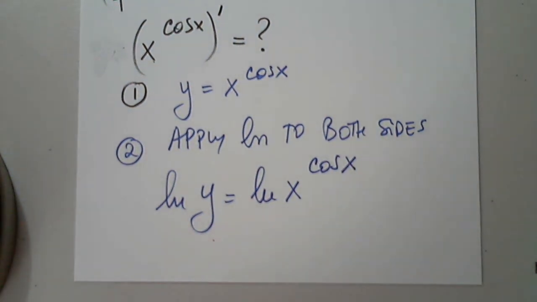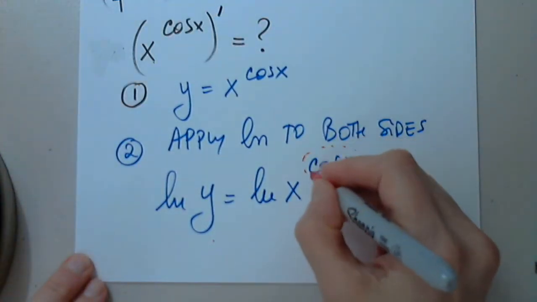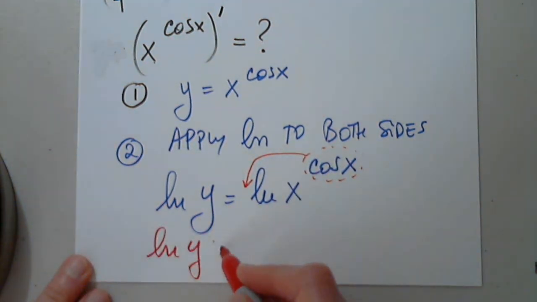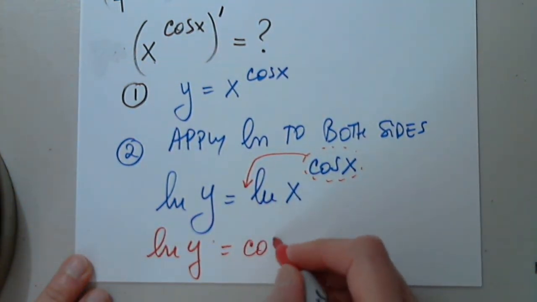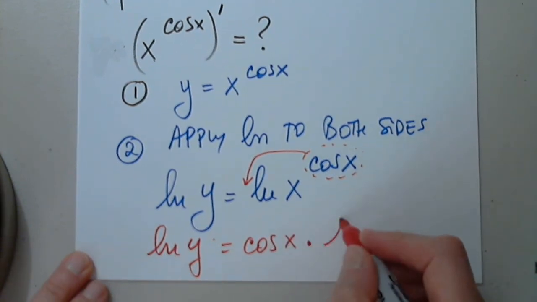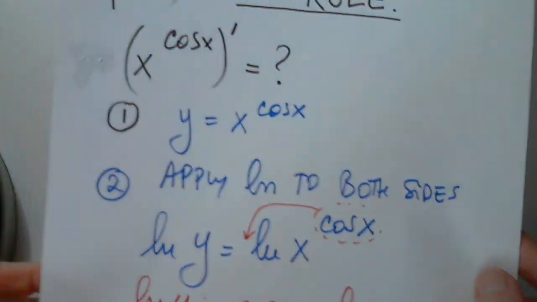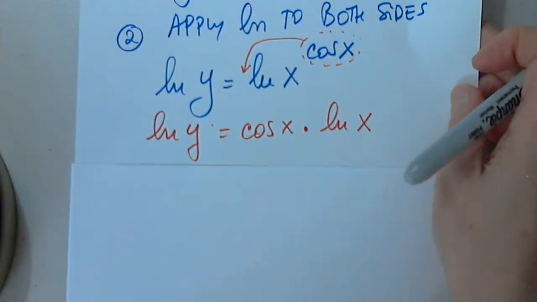Can anyone tell us what is the log property that we will apply now? The power of ln x drops down. Very good. Natural log y equals cosine x times natural log x. So that's our step 2.